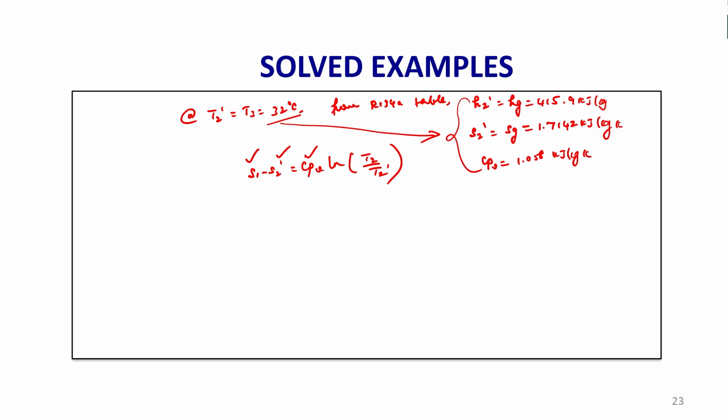Generally, the properties are to be taken at the average temperature, but because we do not know the temperature T2, I am taking the Cp value corresponding to T2 dash. The only unknown is T2. So substitute the values and find out the temperature T2.